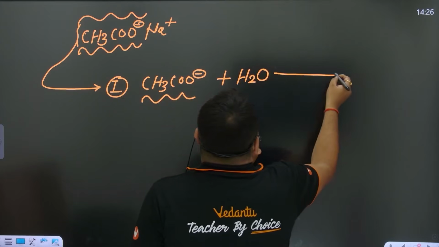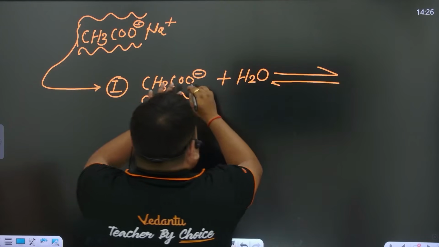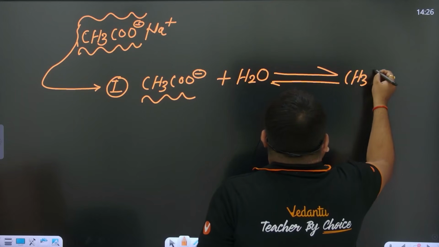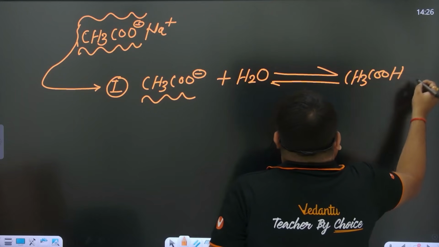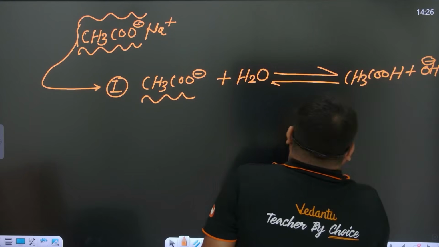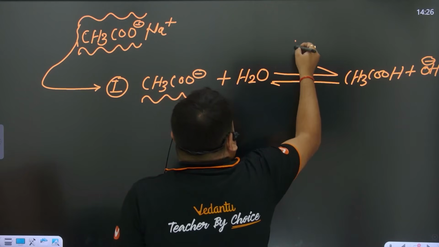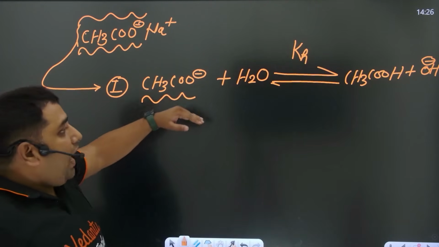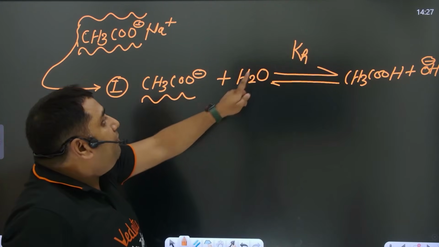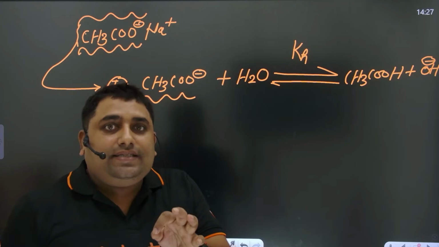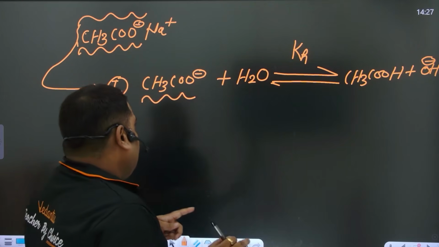If you react it with water, then the hydrolysis process takes place, and here acetic acid is formed and OH minus ion is released, and here the equilibrium constant is defined as Kh, because in this process hydrolysis is taking place. So in place of equilibrium constant you can write Kh, where Kh is the hydrolysis constant, right?